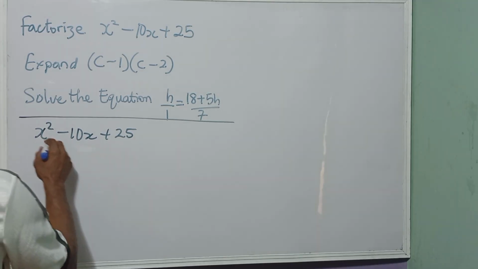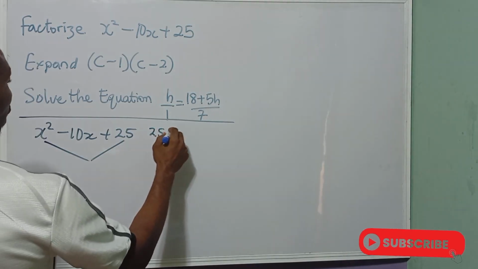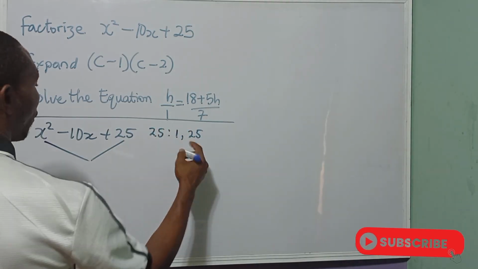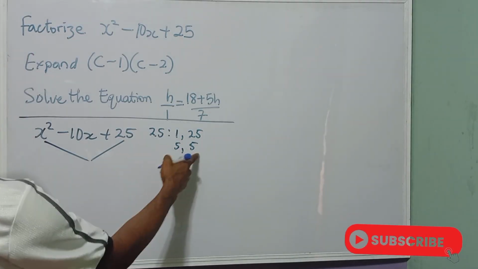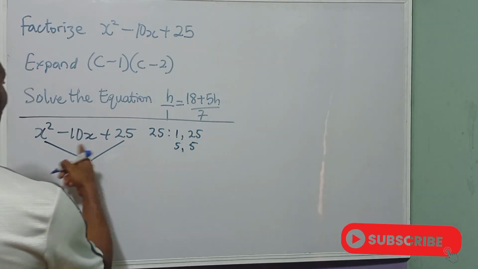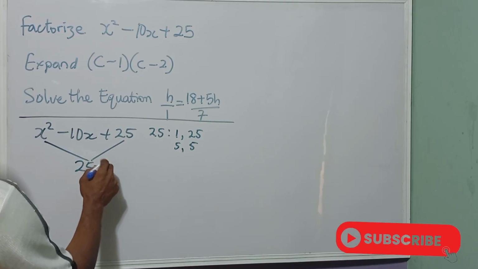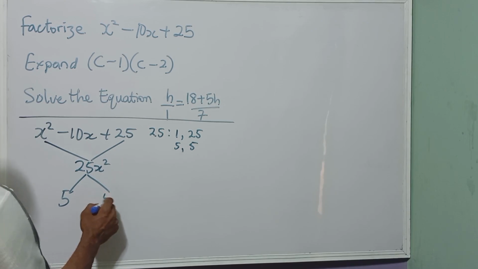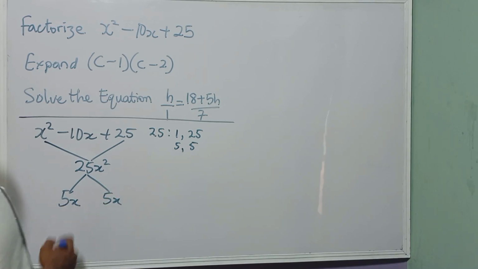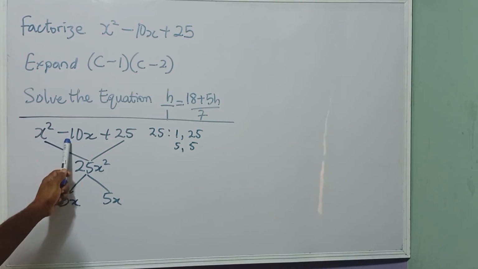The factor pairs of 25 are 1 and 25, and 5 and 5. So the obvious one to give us 10 is 5 and 5. 5 times 5 gives us 25, 5 plus 5 gives us 10.